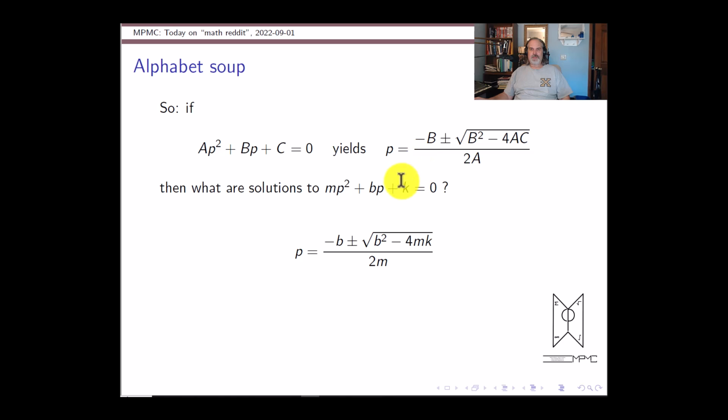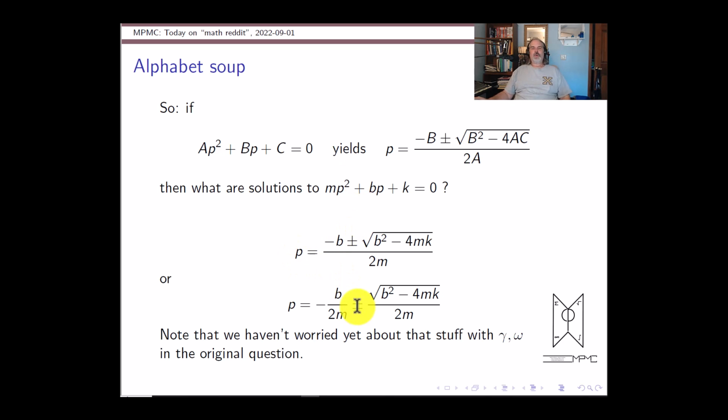So go up here and take your capital B's and turn them into lowercase b's, take your capital A's and turn them into lowercase m's, and take your C and turn it into little k. According to this form, the quadratic formula gives us that the solution values for p should look like this: negative b plus or minus square root of b squared minus what would have been 4ac over 2a, except with the change in lettering.